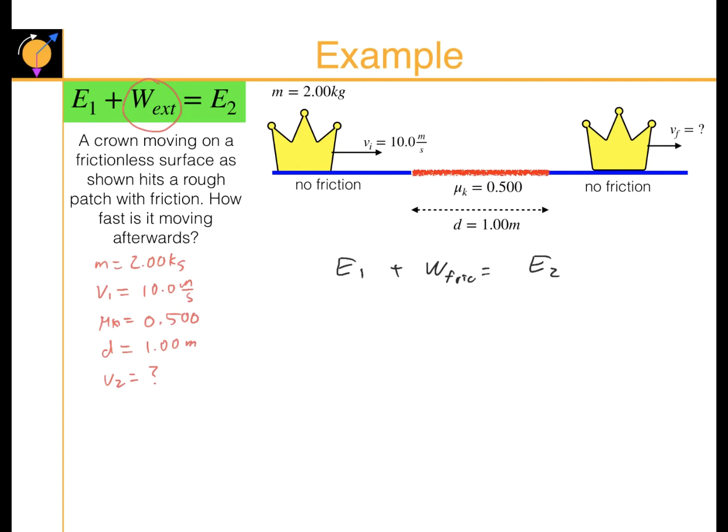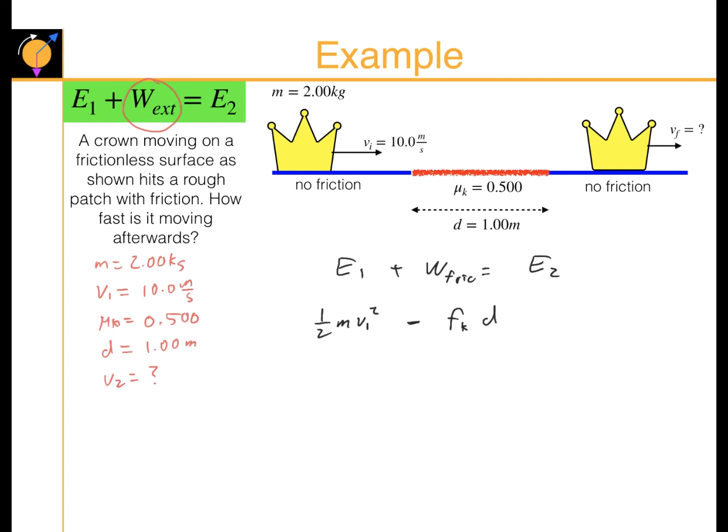So E initial is only kinetic energy. There's no spring, there's no height, it's all at the same location, so it's just going to be 1/2 mv initial squared. And the work due to friction is going to be minus the force of kinetic friction times the displacement.